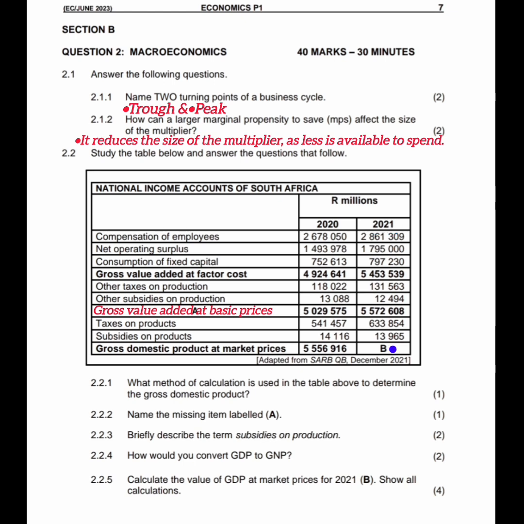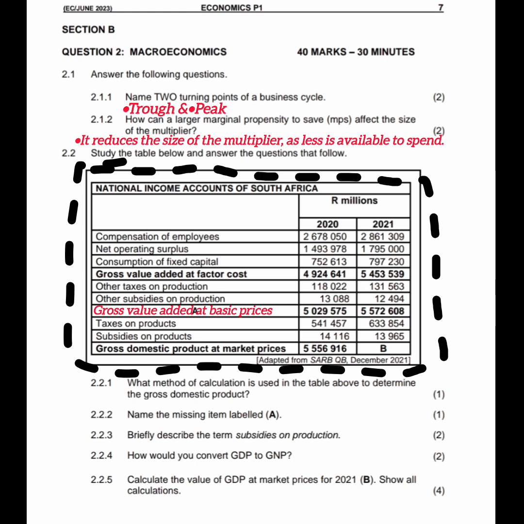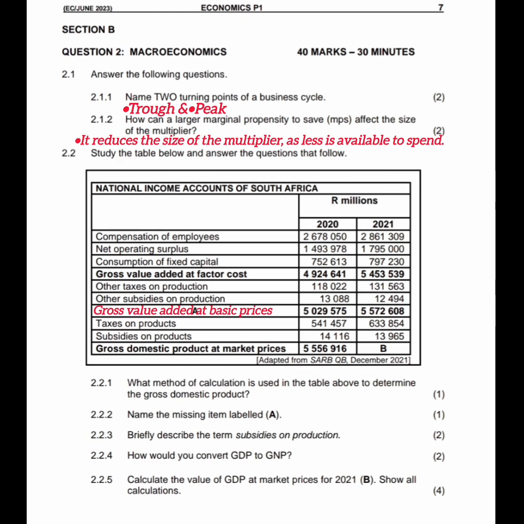So as we read this table, we know that here they are calculating gross domestic product, but using the income method, right? Then let's go to our questions. 2.2.1. What method of calculation is used in the table above to determine the gross domestic product? As I said, they used the income method to calculate gross domestic product.